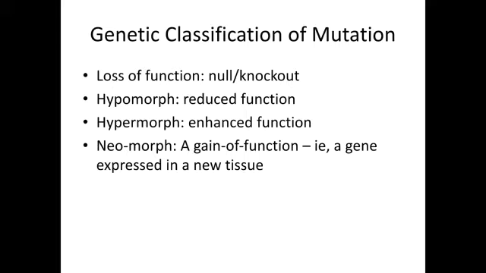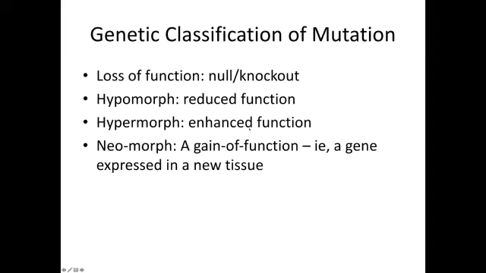That's a full loss of function, but one can also have something called a hypomorph, hypo meaning lower than, and a hypomorph means it has reduced function, so the gene allele doesn't function quite as well, but it's not a complete knockout. One can also have a hypermorph, which means enhanced function.